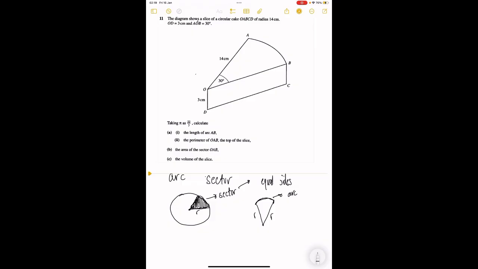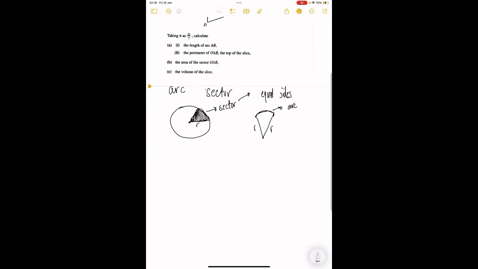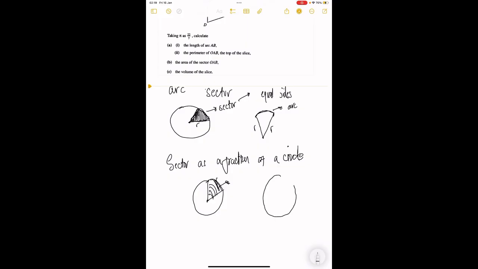So I'm going to show you something. We can define a sector as a fraction of a circle, because if you have a full circle like this and then you cut it like such, you have a fraction, and then this goes on as an arc.